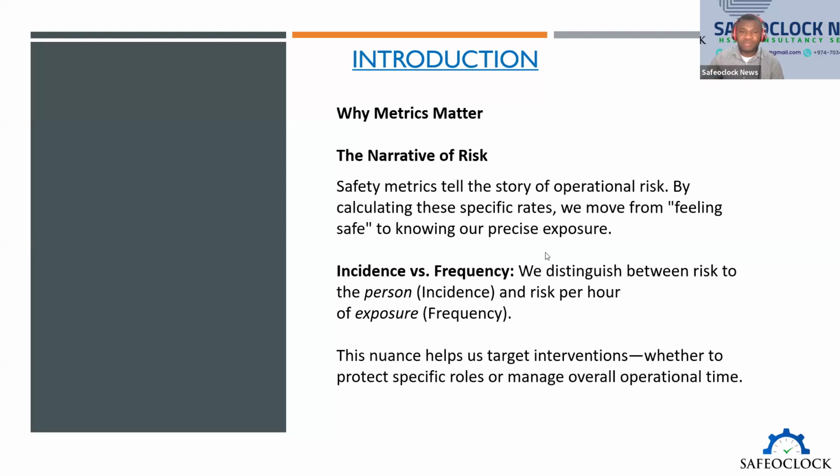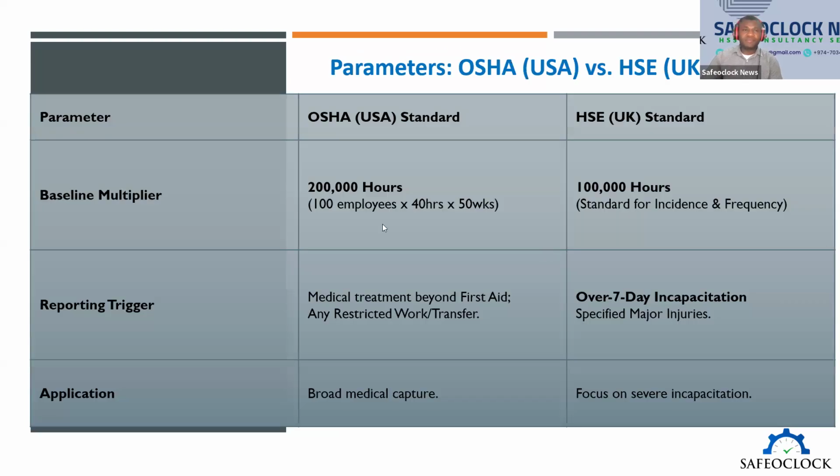Then secondly, for incident calculations, okay, we have different multiplying factors for UK standard and US standard. So for OSHA standard, which is US, their multiplying factor is the 200,000 hours.